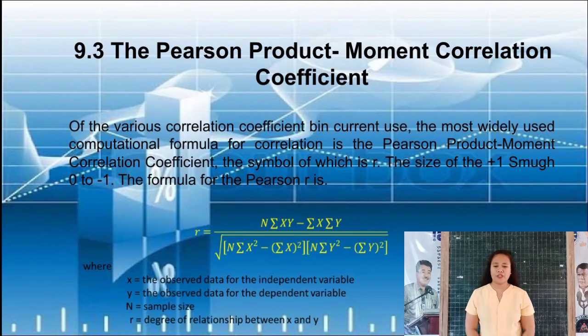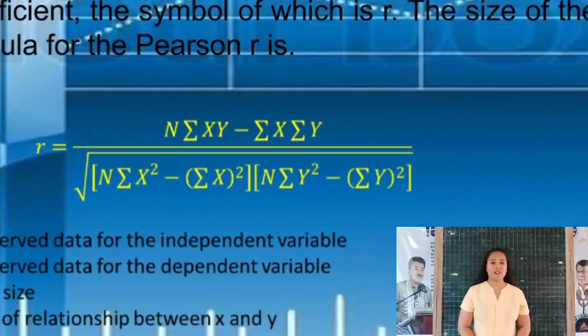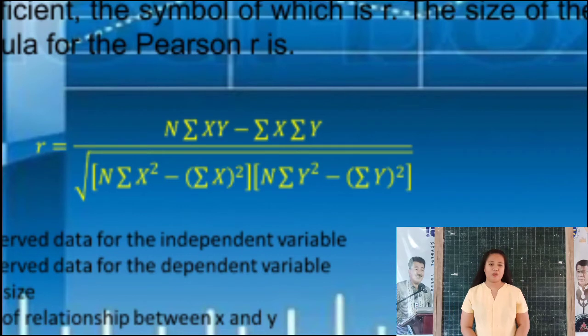The formula for the Pearson r is r equals the summation of xy minus the summation of x multiplied by the summation of y, all over the square root of the bracket summation of x squared minus the open parenthesis summation of x close parenthesis squared, multiplied by the bracket summation of y squared minus the open parenthesis summation of y close parenthesis squared.